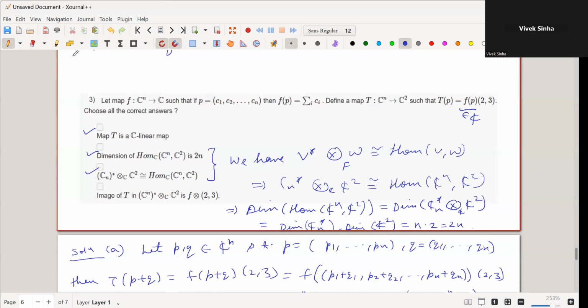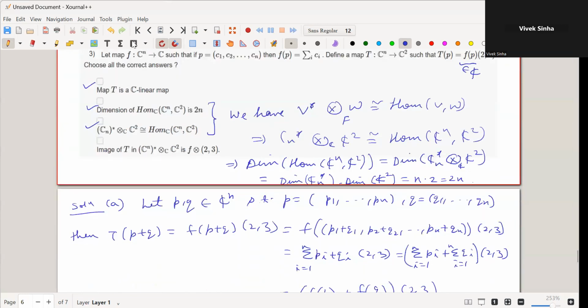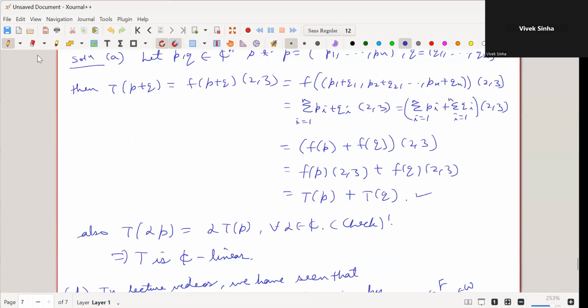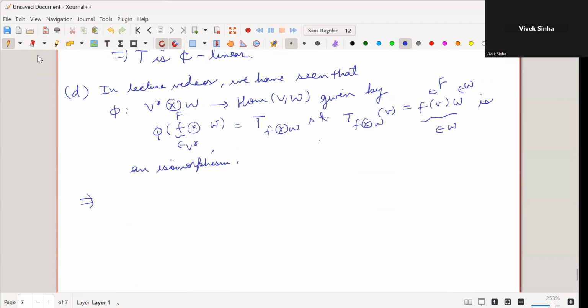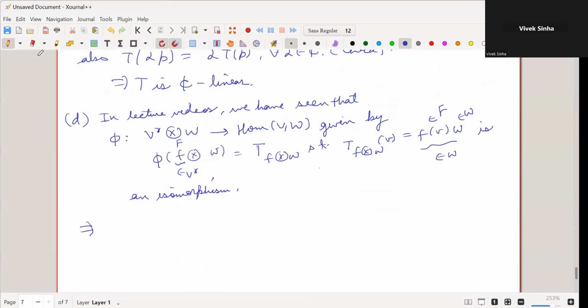So from here we are supposed to map it to F, where T will be mapped. Phi of, say, T will be nothing but T of, so I should have used some other notation.